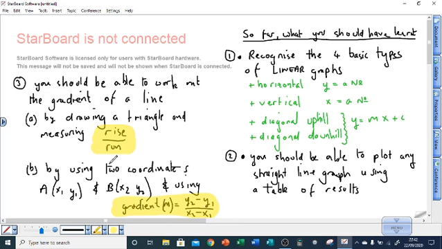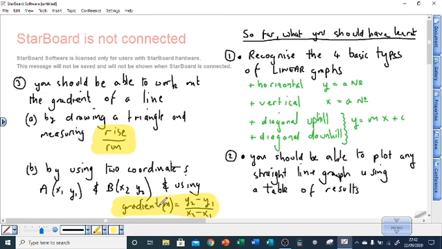Using the two coordinates, we'll call the first coordinate A, with the first number x1 and the second number y1, and the second coordinate B, in general, we'll call x2 and y2.